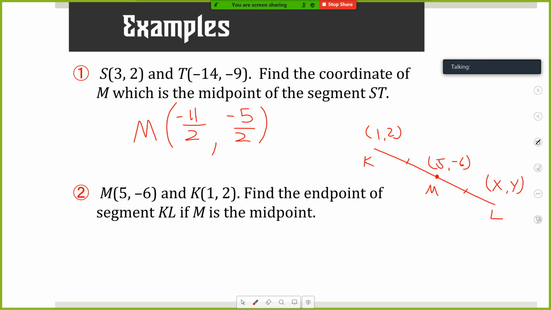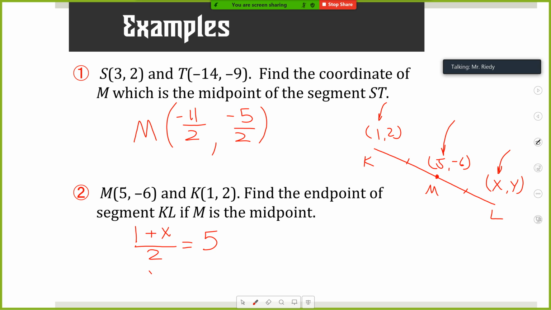Yeah. Okay, beautiful. I would take the X coordinates, add them up, divide by 2, and I would get the X coordinate of the midpoint. X coordinate of the endpoints added up divided by 2 gives me the X coordinate of the midpoint. Solve that equation.